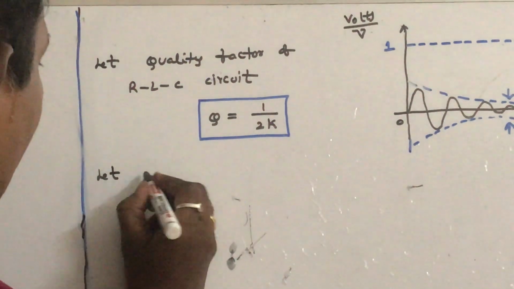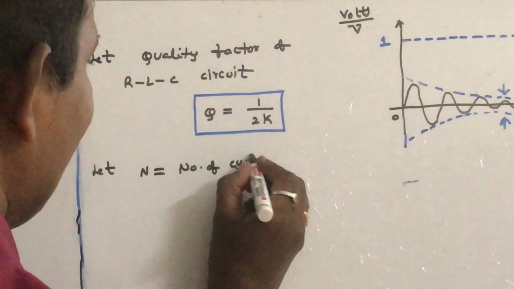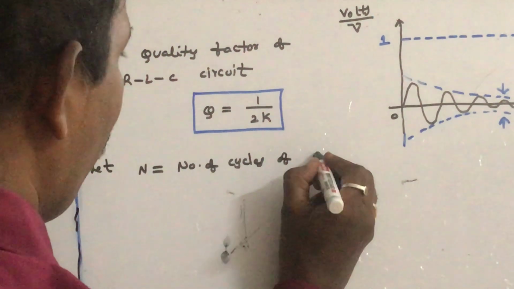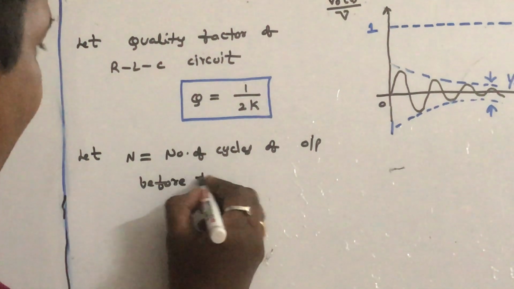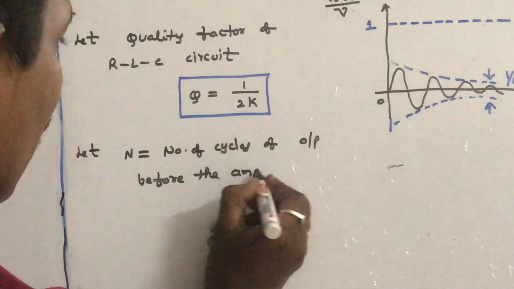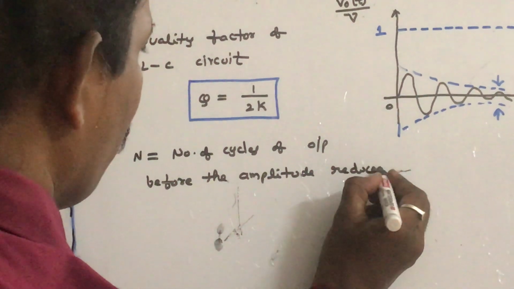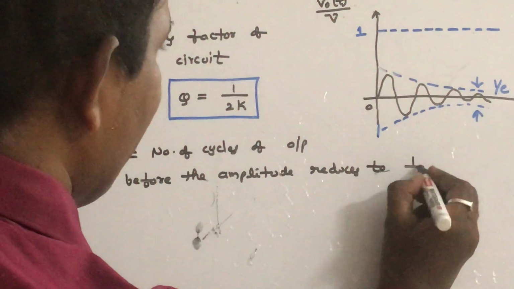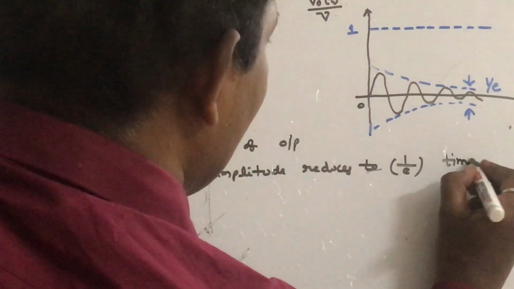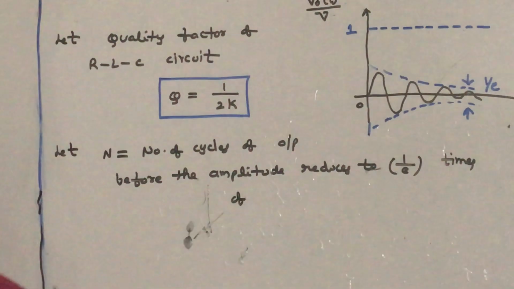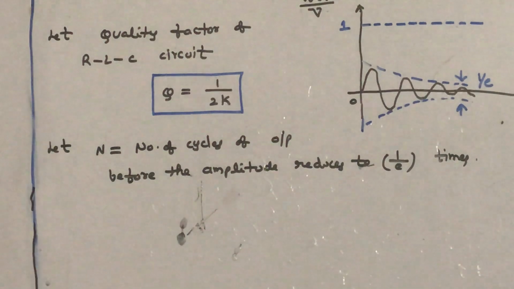Let capital N be the number of cycles of the output before the amplitude reduces to 1 by e times the initial amplitude.